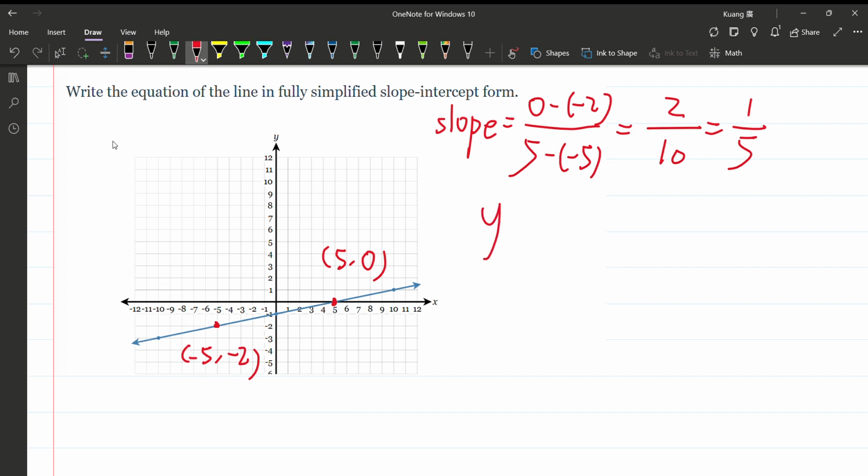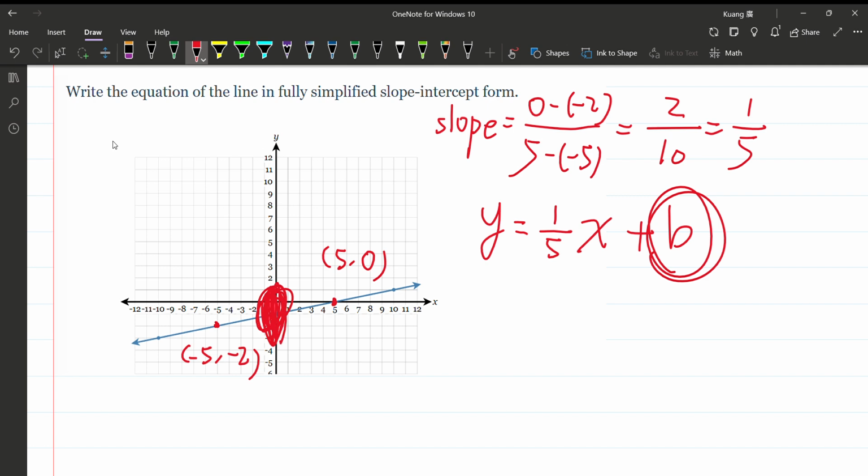Okay, so we know the formula should be y equals 1/5 x plus b. And then our mission is to find b. If somehow we cannot find the y-coordinate of the y-intercept from the graph, how can we find the value of b? We can plug in any point on the graph.